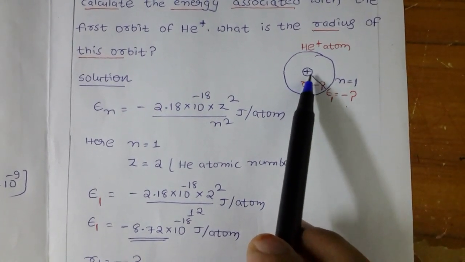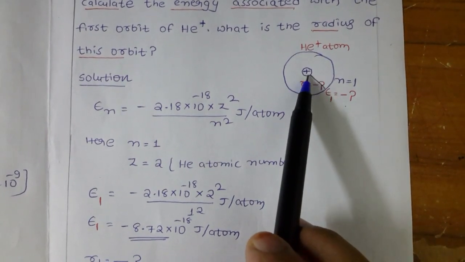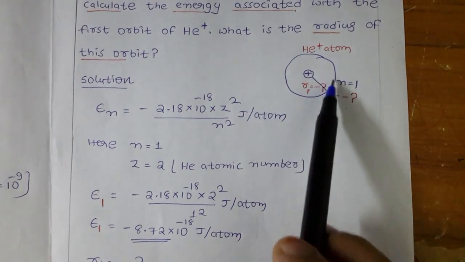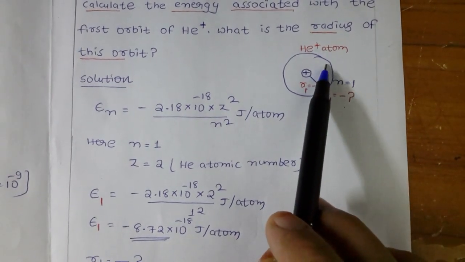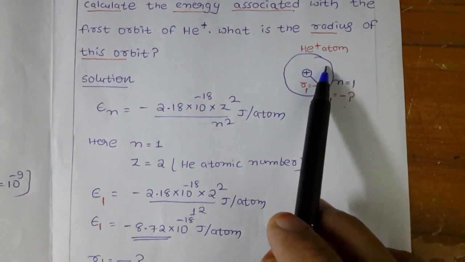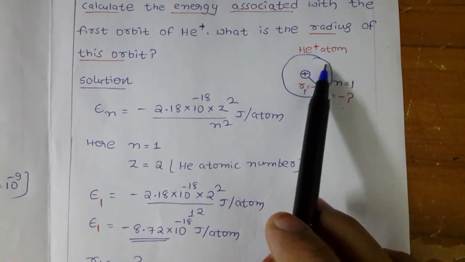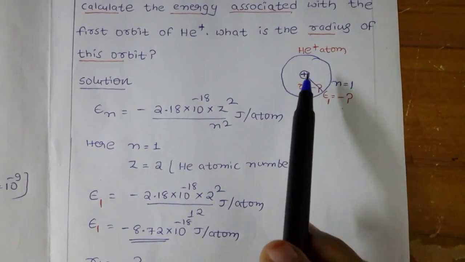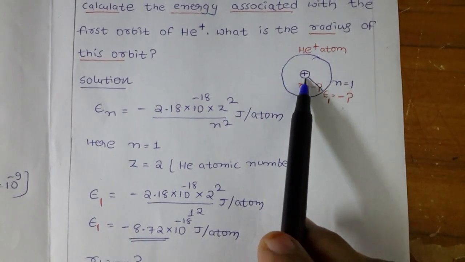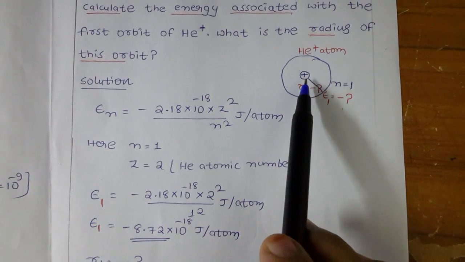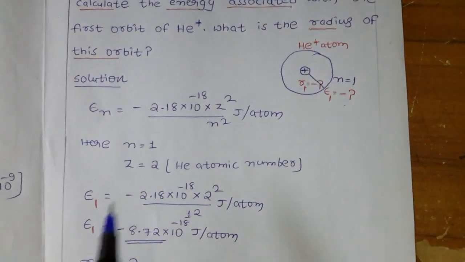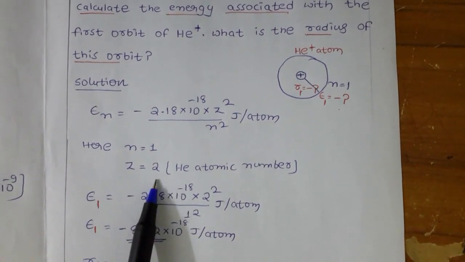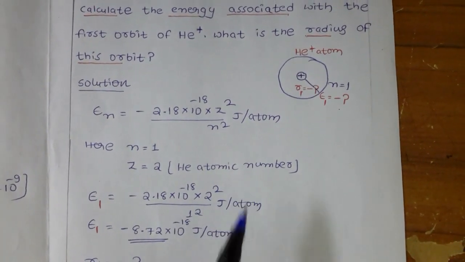In the nucleus we have protons and neutrons, and the electron is revolving around the orbit. In a helium atom we have 2 electrons. But He plus means one electron is lost, but the 2 protons remain. So the Z value depends on the number of protons, not the number of electrons. Even though it is losing one electron, you have to take 2, because that is the helium atomic number.